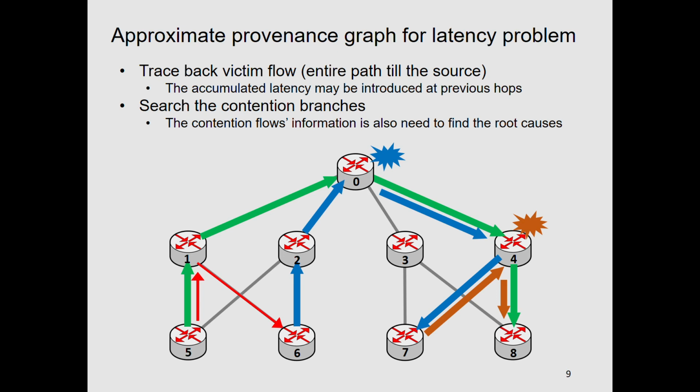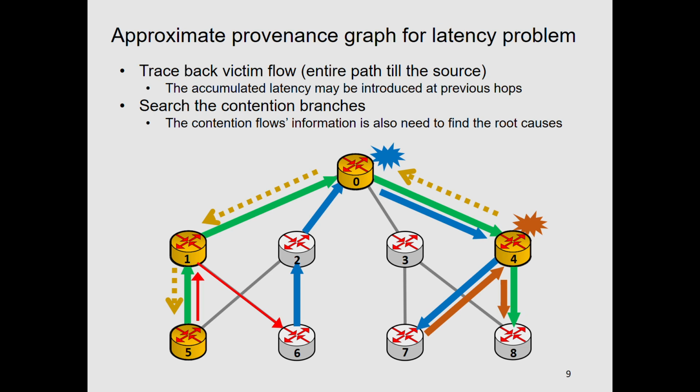So switch 4 will start the debugging task first. The first strategy is to trace back the victim flow, because the accumulated latency may be introduced at the previous hops. So the audit request will be sent back along the historical path. In this picture, that is switch 0, 1, and 5.